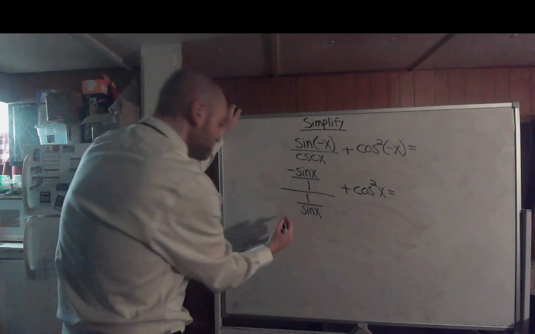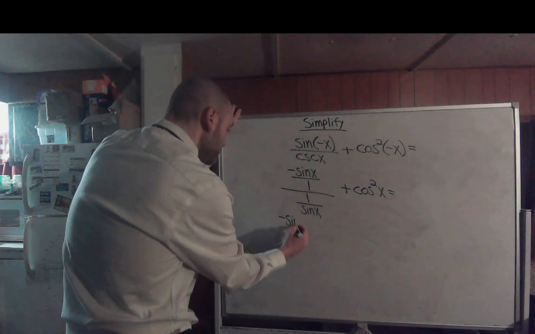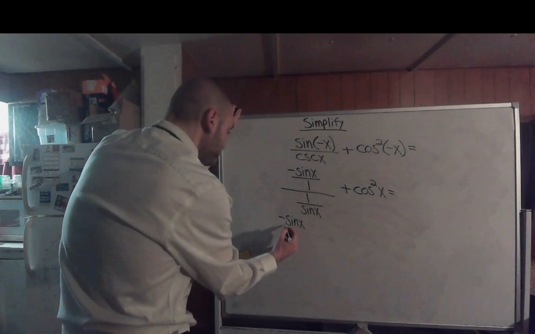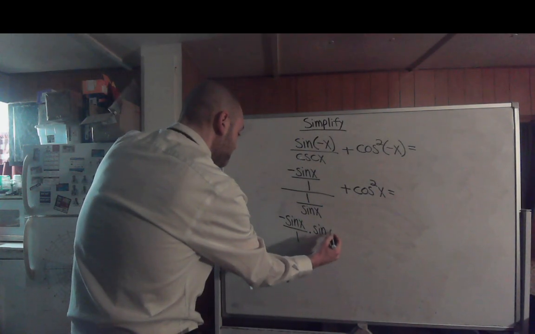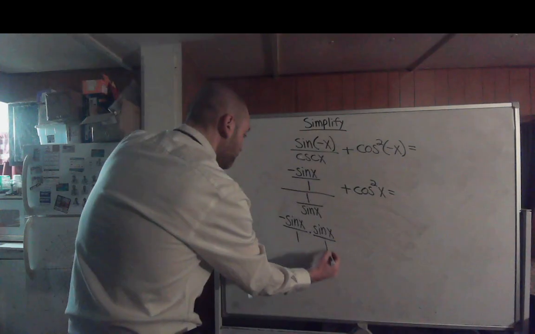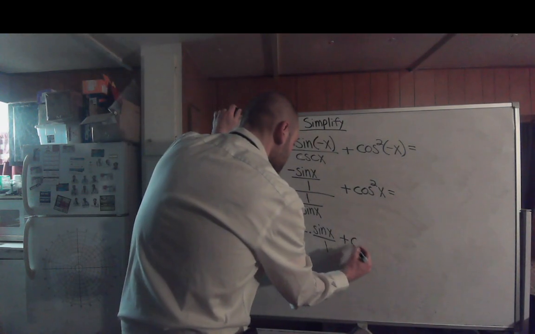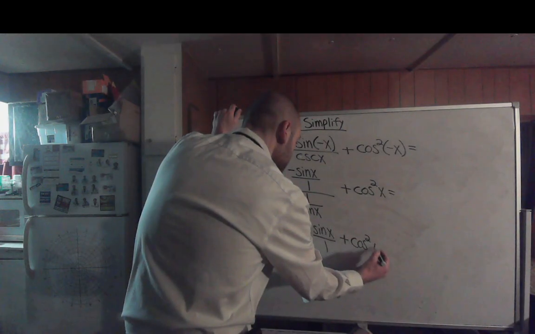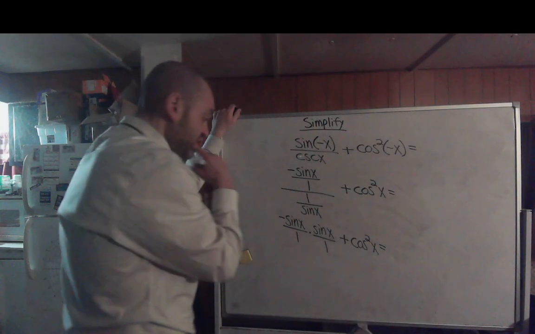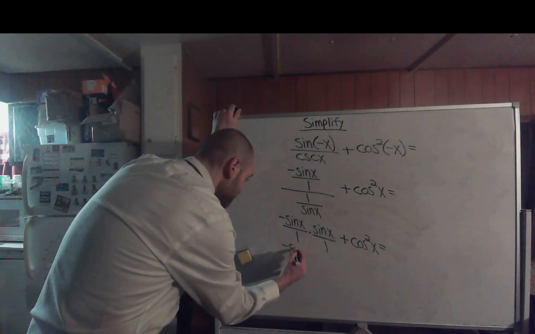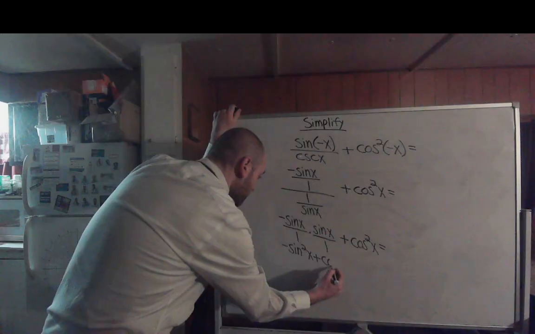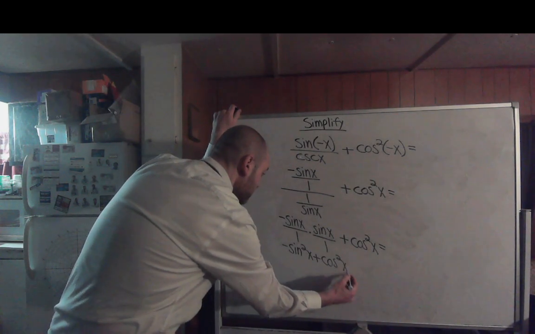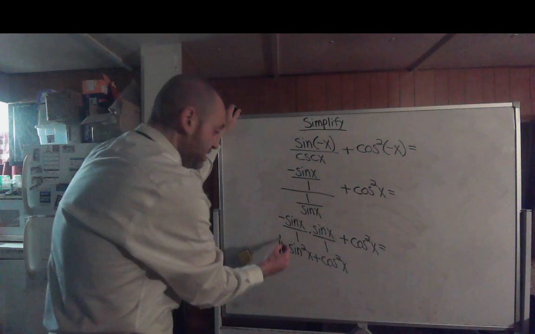Now, invert and multiply this fraction, you'll get negative of the sine of x all over 1 times the sine of x all over 1 plus the cosine squared of x, which would turn into negative of the sine squared of x plus the cosine squared of x, which is a way you can leave it.